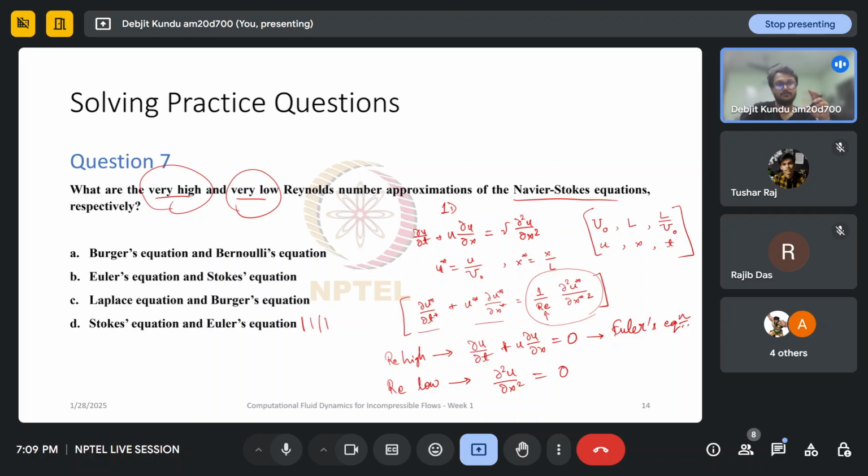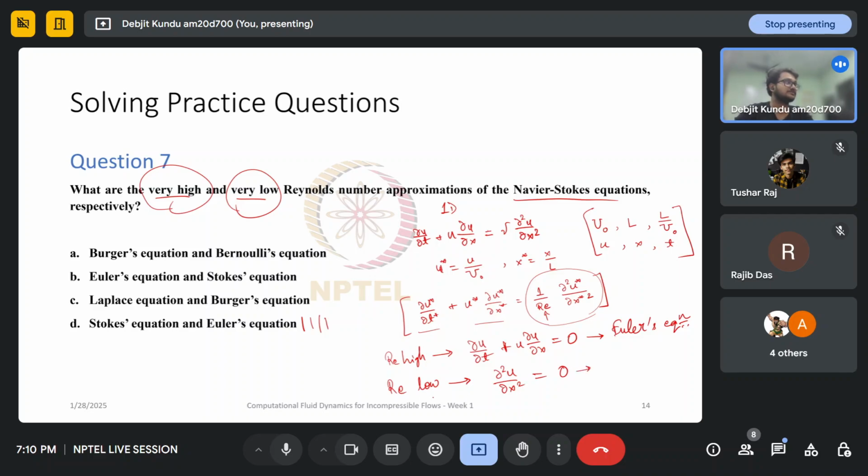In a scenario where viscosity is low and inertia is very high, you can ignore the viscous stresses. The inertia overcomes it. So in that case, we can ignore the viscous term and take care of these two terms, and that should be good enough. And that is what Euler's equation is.